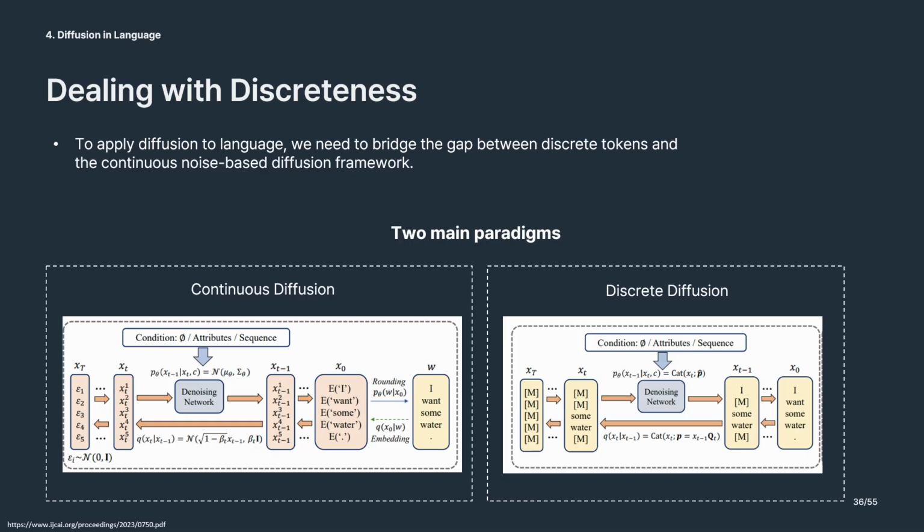This forms the basis of continuous diffusion language models. Second, we can treat the noise as a discrete transformation, for example, randomly masking or switching tokens during the forward process, and learning to denoise in the reverse direction. This is called discrete diffusion and works entirely within the token space. Both paradigms aim to bridge the gap between discrete tokens and the continuous nature of diffusion, but they do so in very different ways.